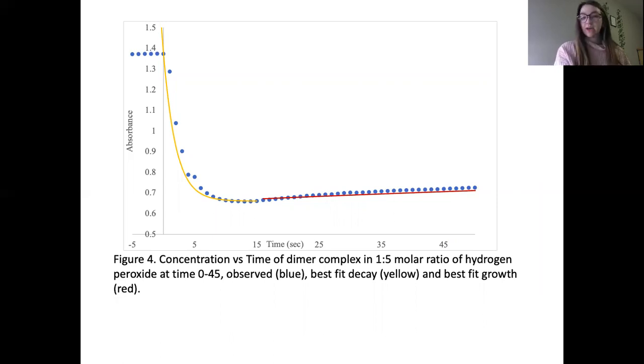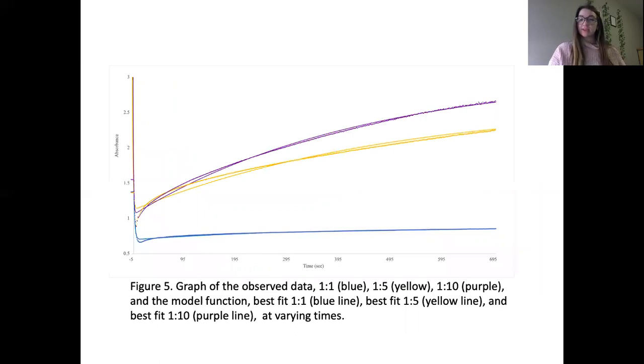Using Excel, we were able to get a best fit function for the yellow line there. Then we were able to create a best fit function for that second unknown reaction, shown in red. We did this at different molar ratios: a 1:1, a 1:5, and a 1:10.